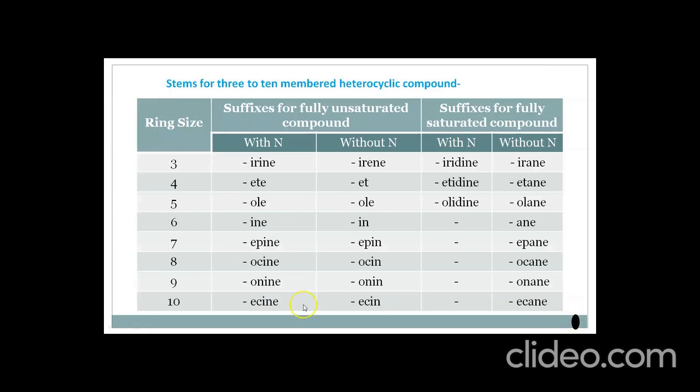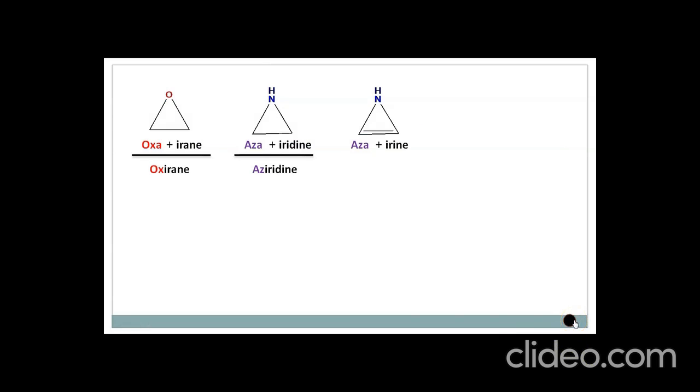We use irine. So just put aza plus irine. The stem starts with a vowel, so you have to drop this A. So the name is azirine.